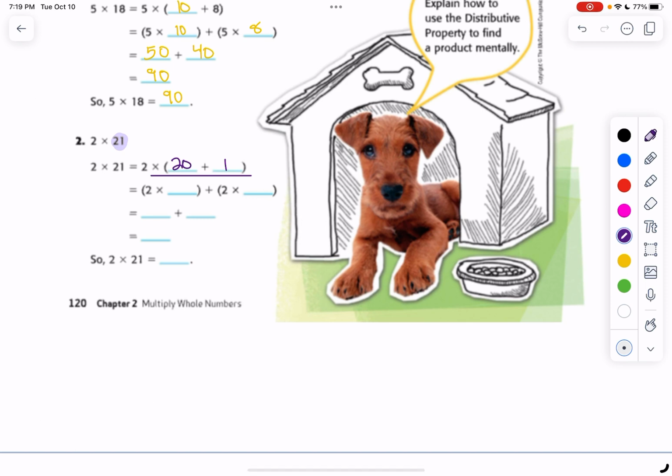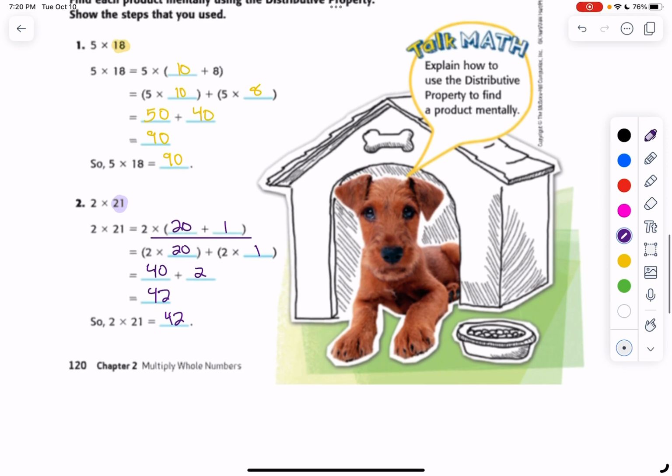Or we can write that as 2 times 20 plus 2 times 1. 2 times 20 is 40, and 2 times 1 is 2. So the answer is 42. 2 times 21 is 42. Nice. All right. Hopefully you're getting the hang of that.